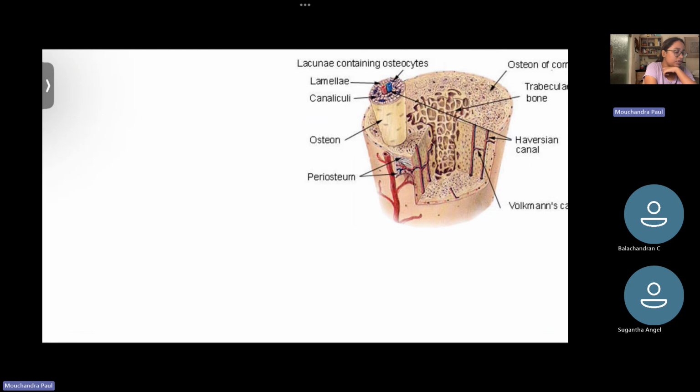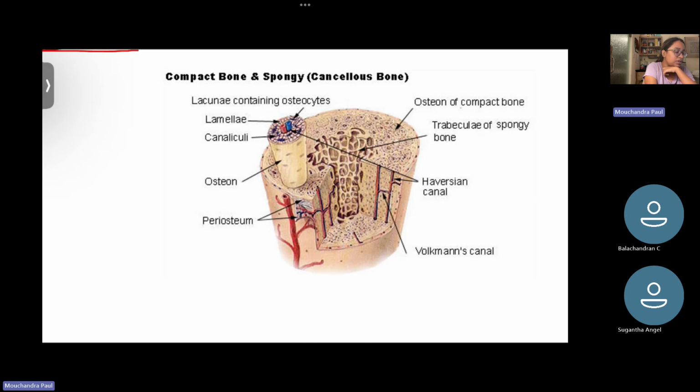Here I've given the structure. If you see the inside, this portion is spongy bone or cancellous bone, and outside the spongy bone is the compact bone. One section of that compact bone I've shown is called osteon.